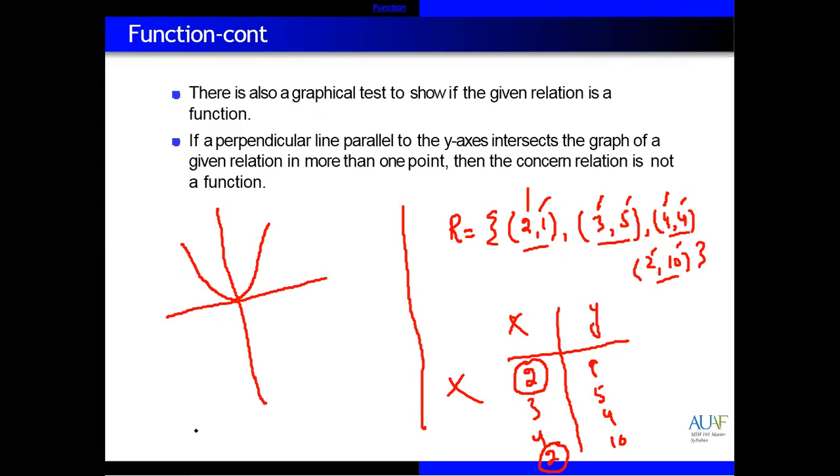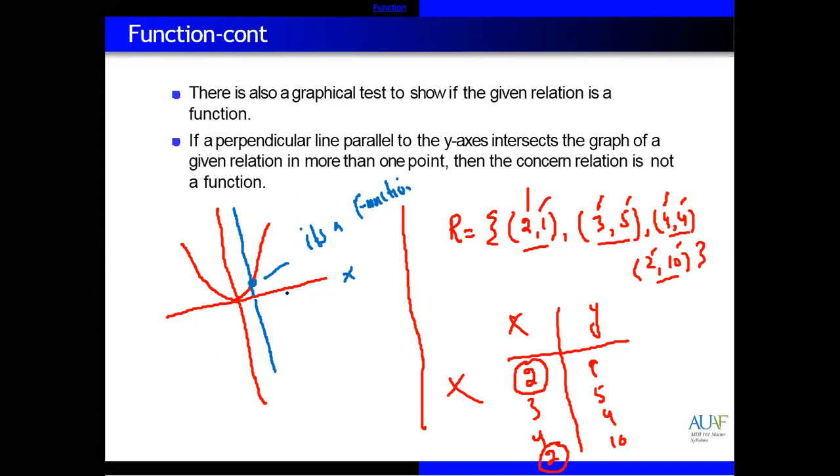In this test, we draw a vertical line, perpendicular to the x-axis and parallel to the y-axis. If this vertical line touches the graph at only one position, as you can see here, this means that it is a function. This is the proof of a function.